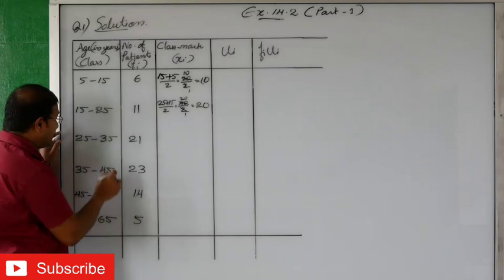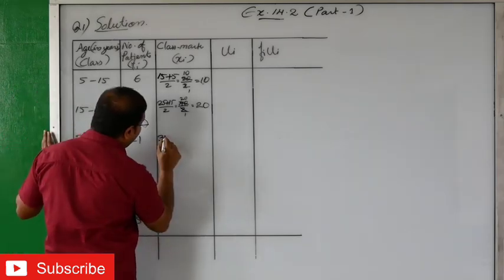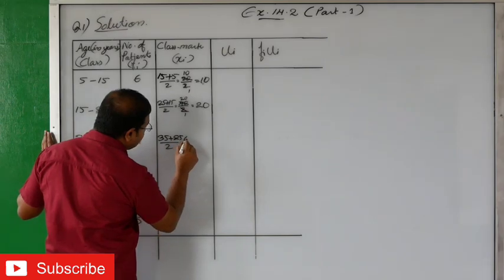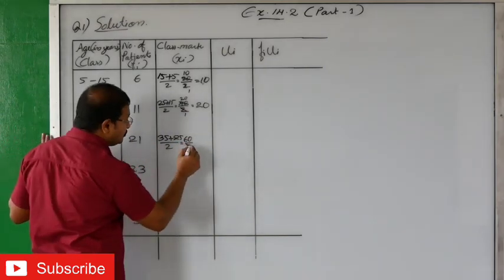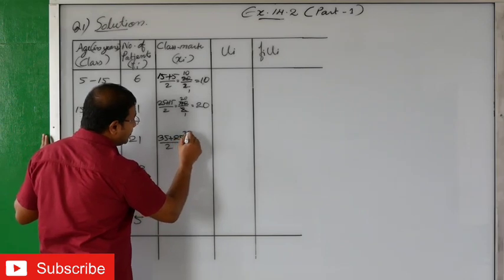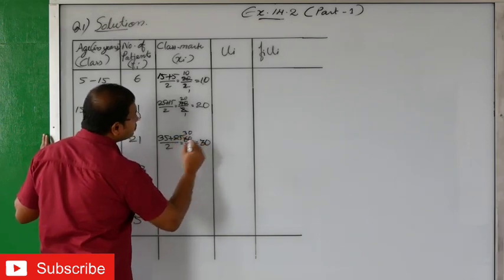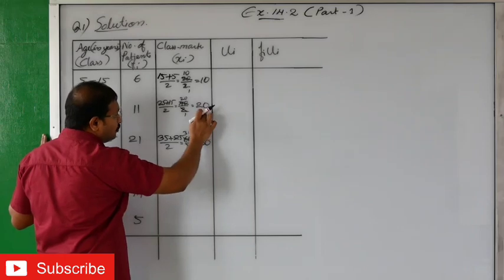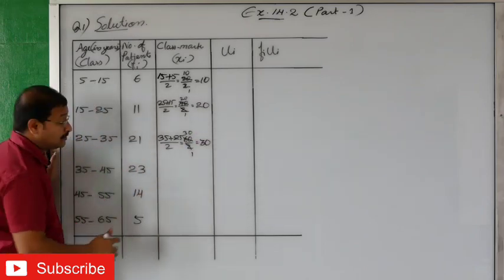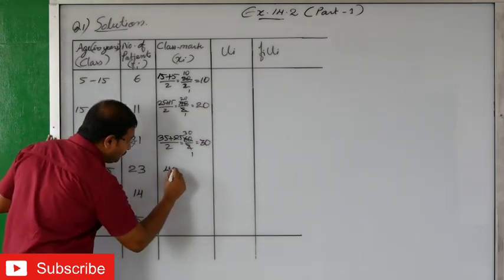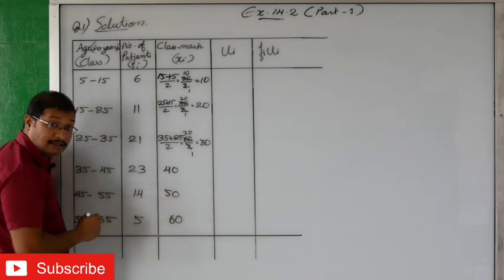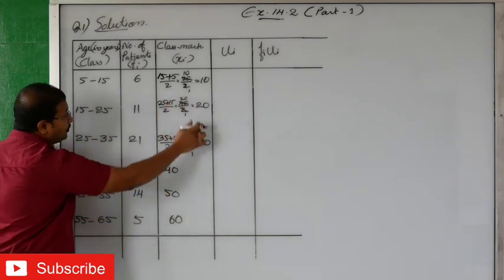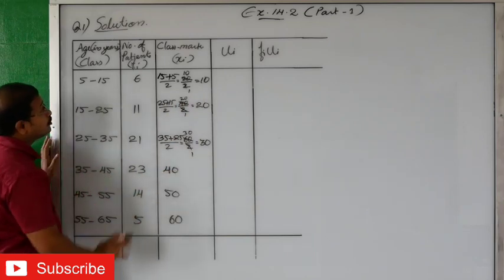Anyway, we will do one more time. 35 plus 25 divided by 2 equals 60 by 2. 2 ones are 2, 2 threes are 6. That means we got 30. So 10, 20, 30. What will be the next? 40, 50, 60. I hope you can understand. Yes, 10, 20, 30, 40, 50, 60.